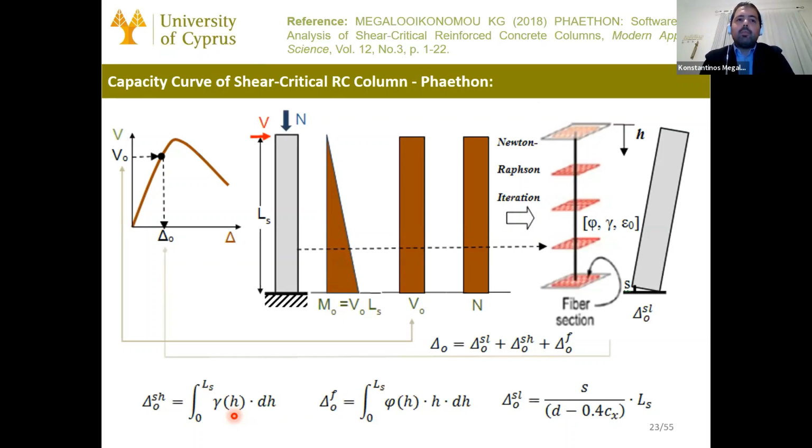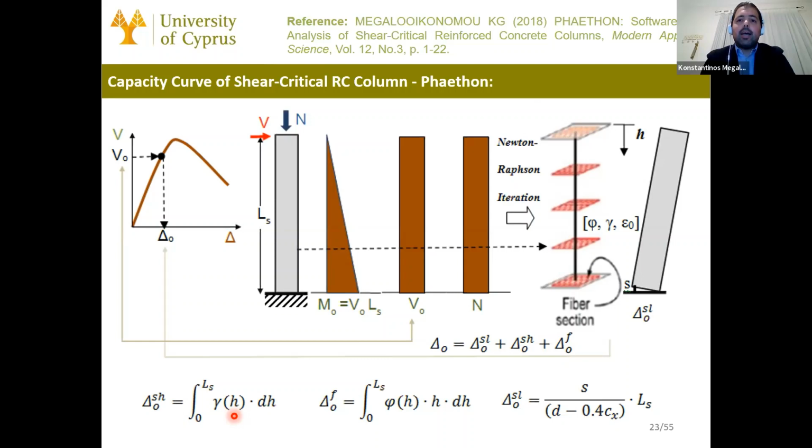For each load step, for each force at the tip of the cantilever column, the displacements from each deformation mechanism, from slip, shear, and flexure, are calculated and added together.